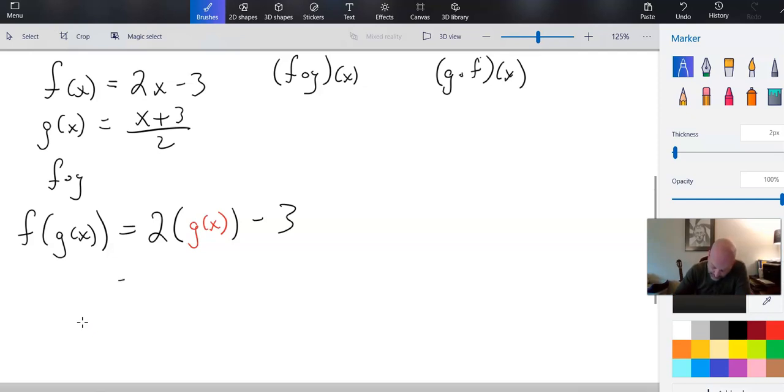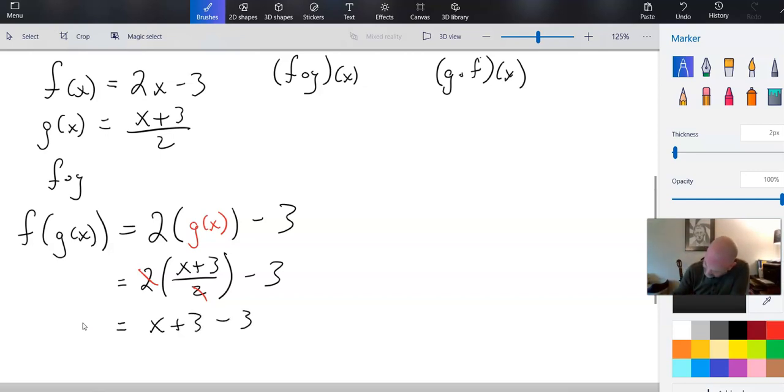So this is now 2 times X plus 3 over 2 minus 3. Conveniently, the 2's cancel, and that gives me X plus 3 minus 3, and the 3's cancel, and that gives me X.